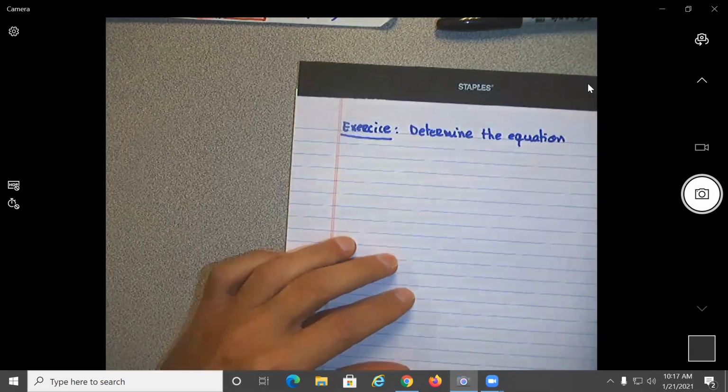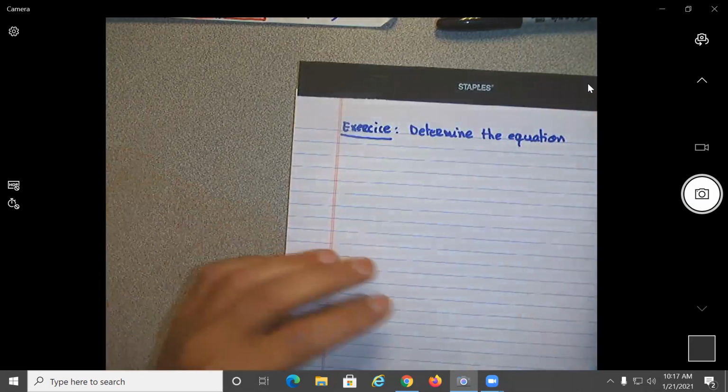Or if you want, determine the differential equation representing the equation of motion.